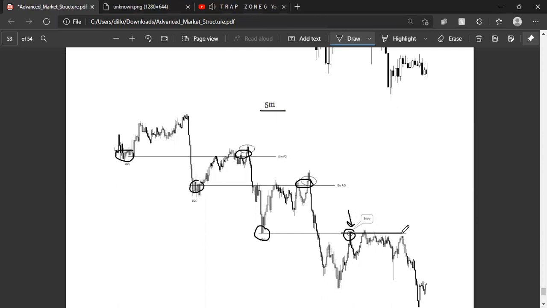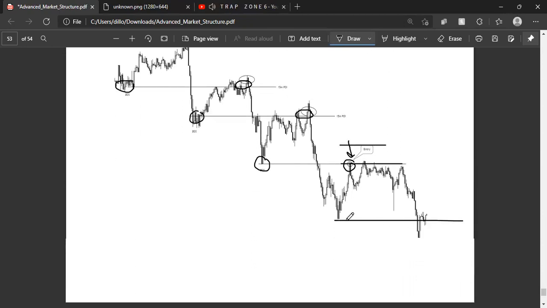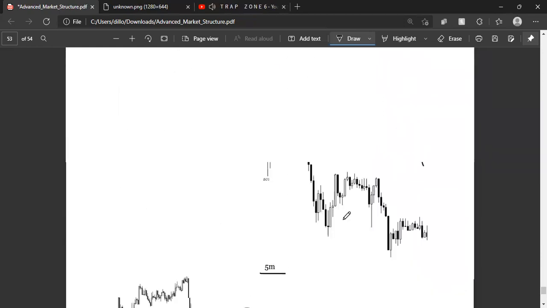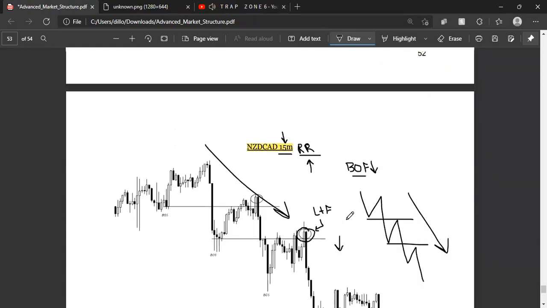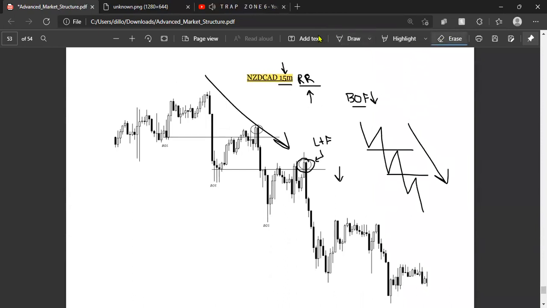I think we could get away with our entry here, a 10 pip stop, and then a target, maybe at this low here, target this low, right? So, go back to before when there weren't any drawings on this, and feel free, any of these charts actually, feel free to take a screenshot of these so you can study them, right?